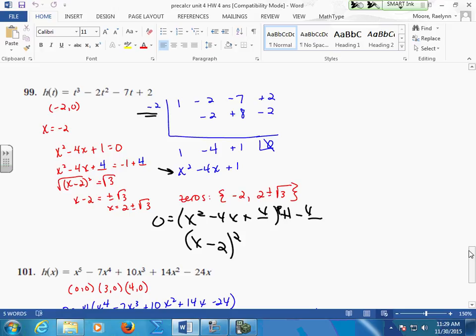Plus 1. So this gives you -3. And you can do yours from here. Add 3, take the square root, whatever it is you have to do. And then find it from there. Oh, I did complete the square. You could do your quadratic formula also. Those are the only things that are going to get you there.